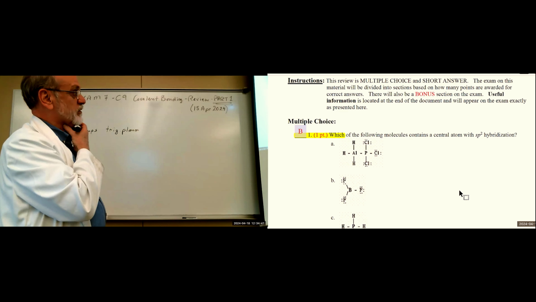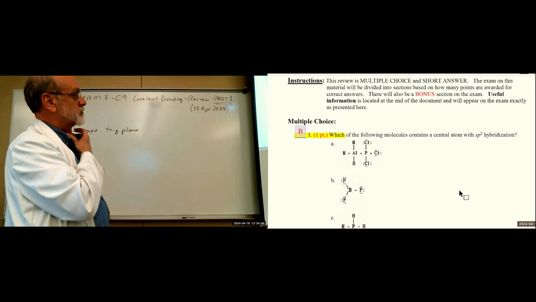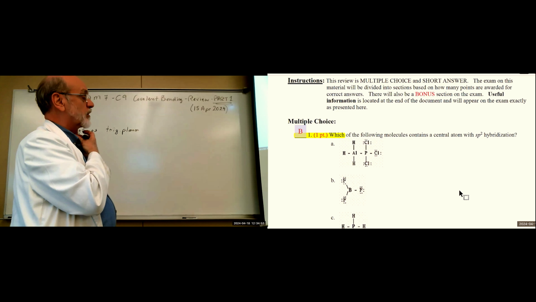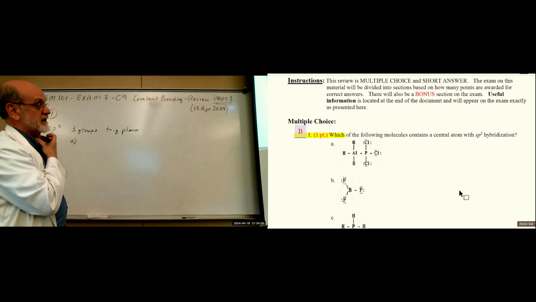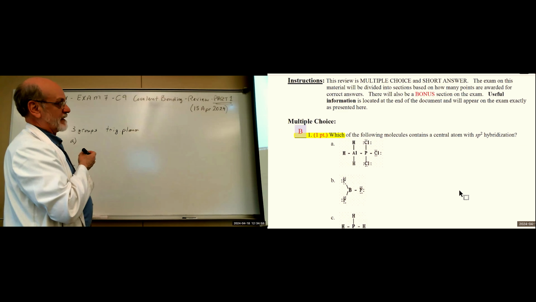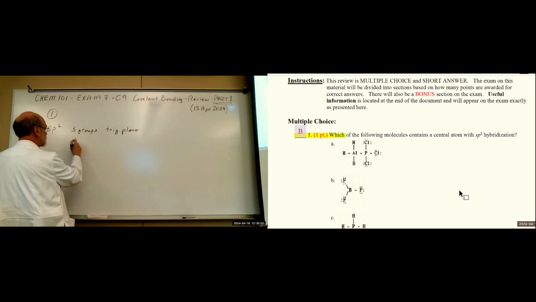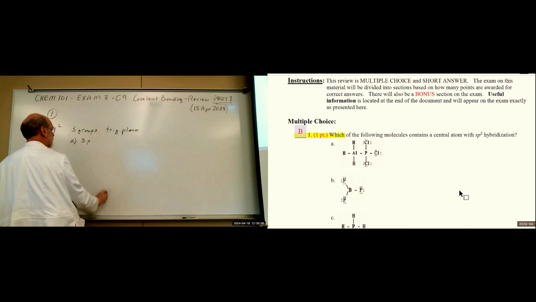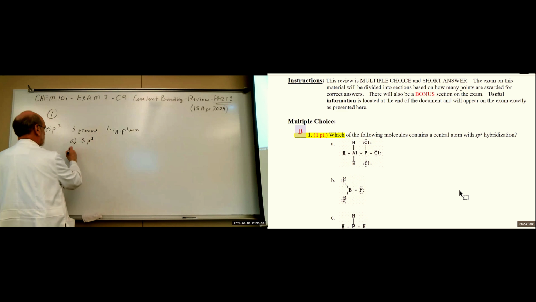Well, it has aluminum with 4 groups, phosphorus with 4 groups. That's a central atom. Chlorine wouldn't be considered a central atom because it has no other bonds to it. All right, so these are both sp3s. All right. So that one won't work.